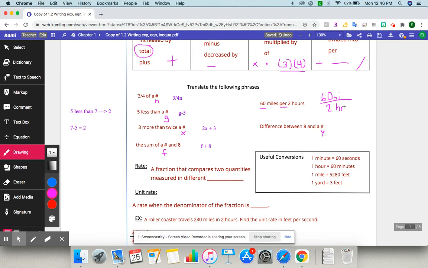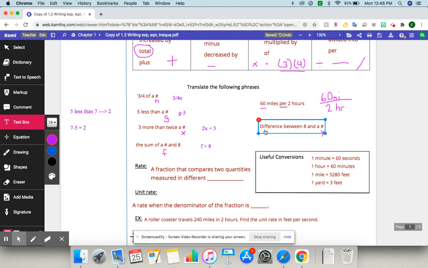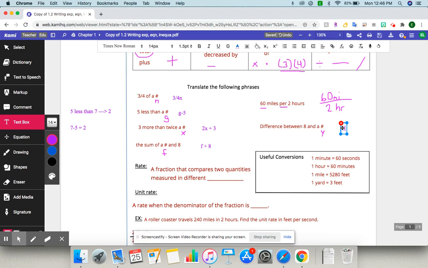And that's how I would represent that mathematically. And lastly, we have difference between 8 and a number. So I must start with the number 8, and I'm subtracting y from that number. If I had said difference between a number y and 8, then I actually would have reversed that process.